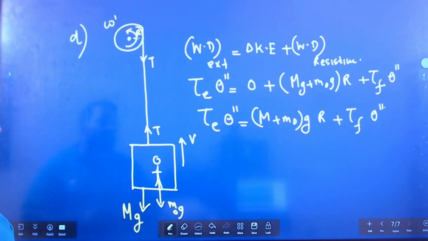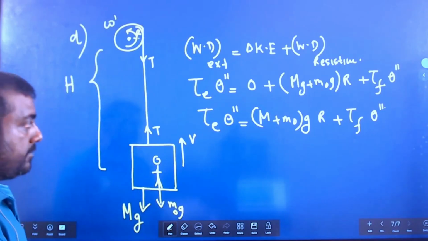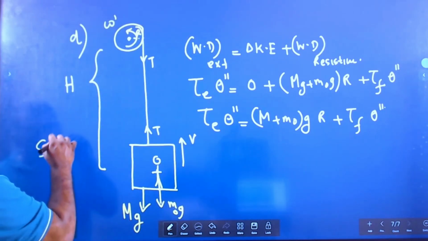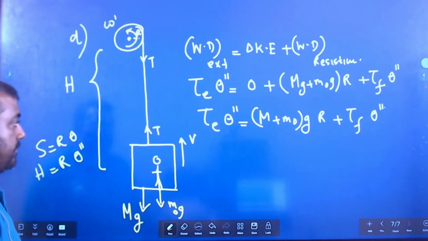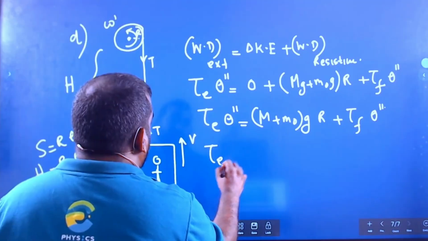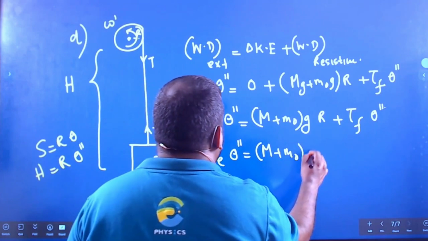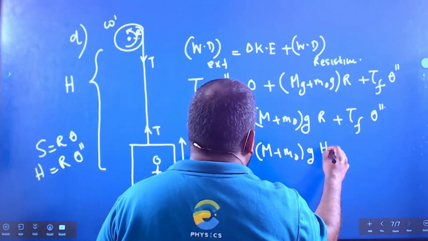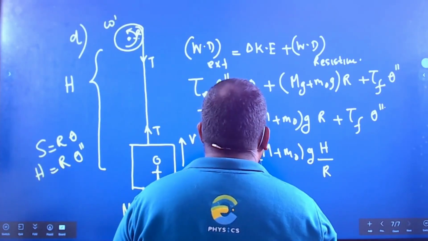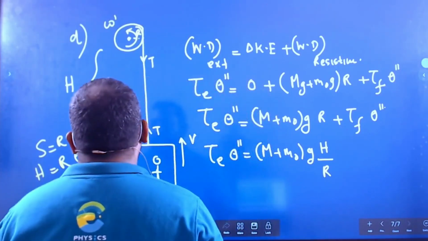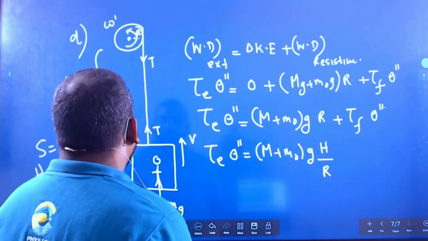Look at the board now. It's traveling up, let's say capital H. S equals r theta, H equals r theta double dash. So external torque is (m plus m naught) g, radius, h over theta double dash. Sorry.